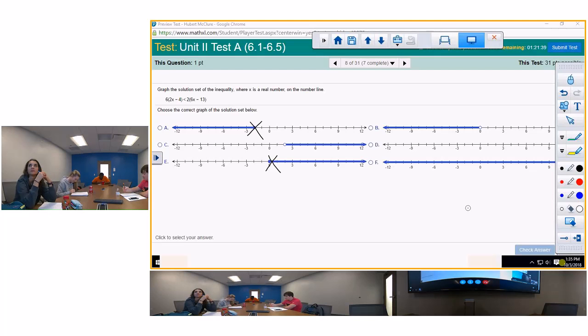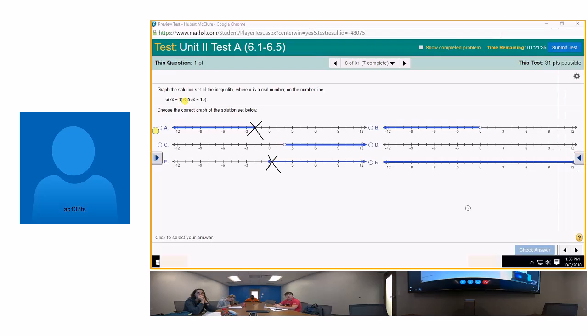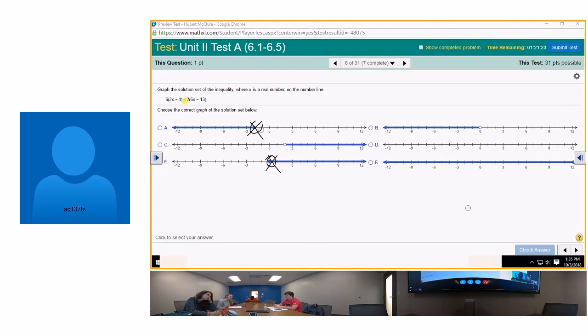This right here tells us that we're going to have what kind of circle on the graph? An open circle. So anything with a closed circle is not the answer. That's a closed circle, and that's a closed circle. They're not even a possibility.